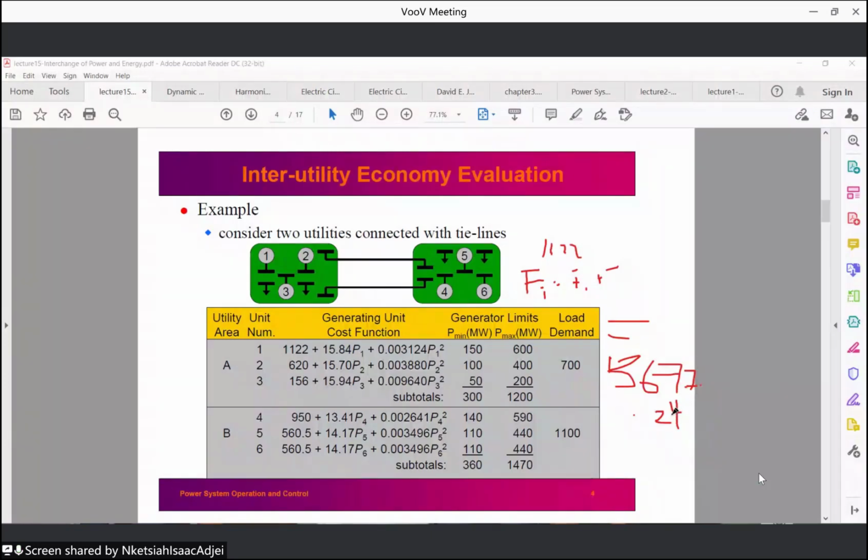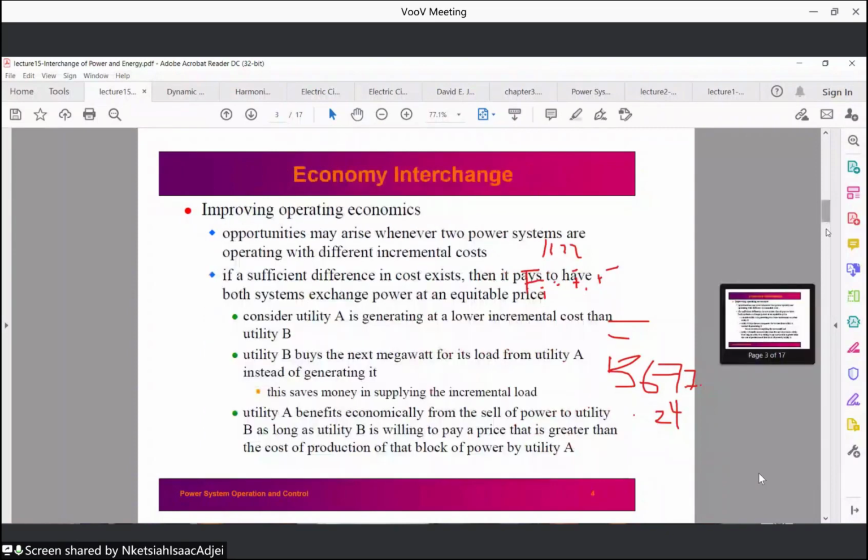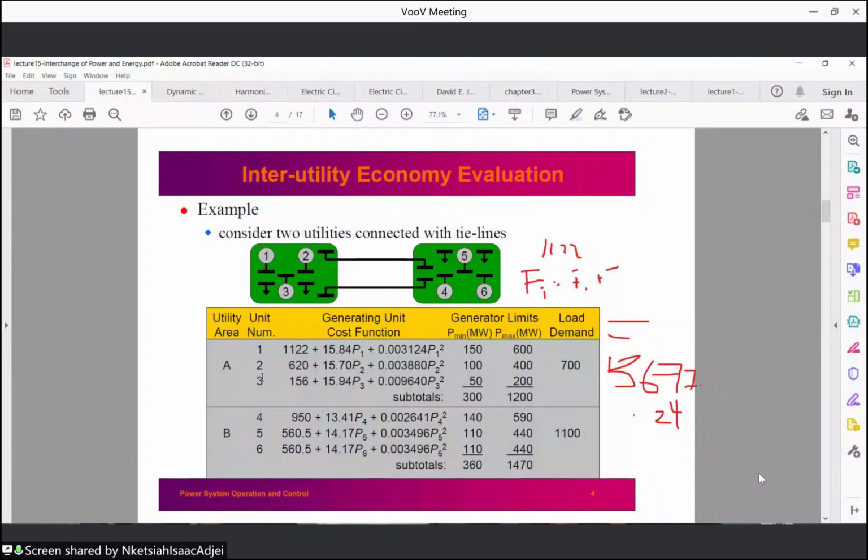After we have got this, we need to find the lambda for area A. So all that we are going to do is open a sheet and find our lambda.